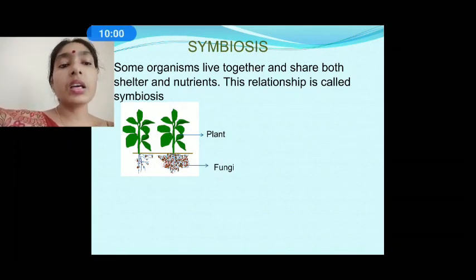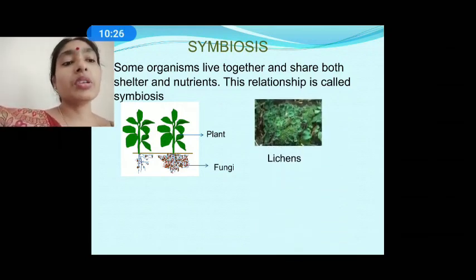The fungi collect minerals and water and give them to the plant's root, and the plant prepares the food, and that food goes to the fungi. So the fungi are getting shelter as well as food from the plant, and the plant is also getting minerals, nutrients, and water with the help of fungi.